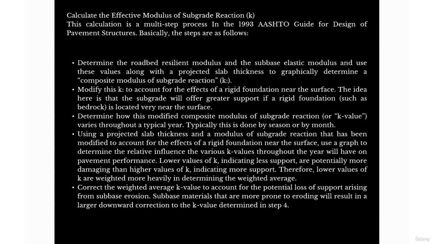Okay. Then after that, you correct the weighted average K to account for the potential loss of support arising from sub-base erosion. Sub-base materials that are more prone to eroding will result in a larger downward correction for the K value, and this can be determined in step number 4.